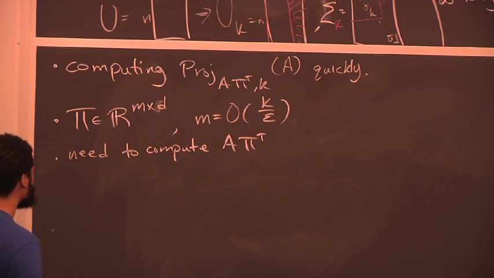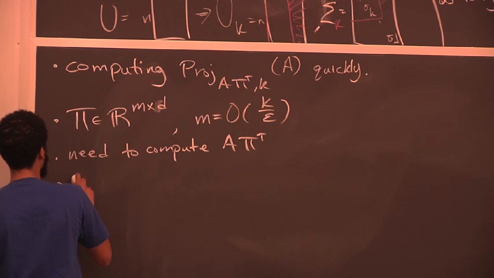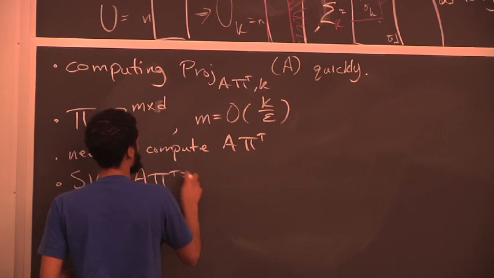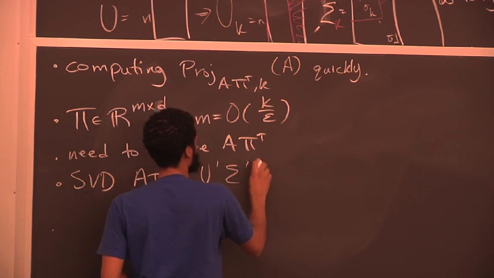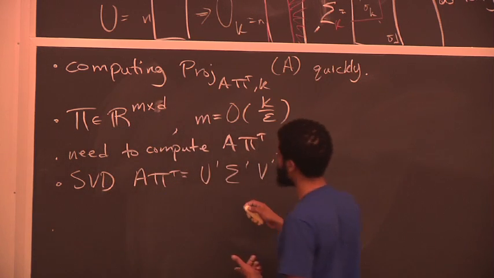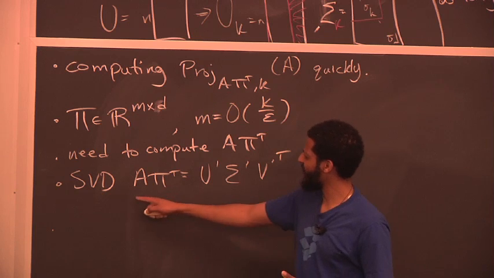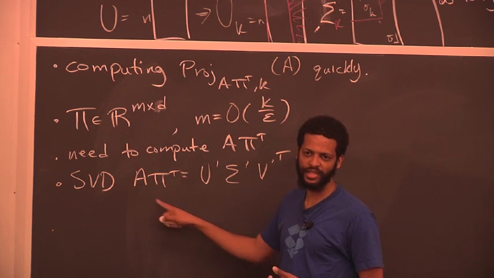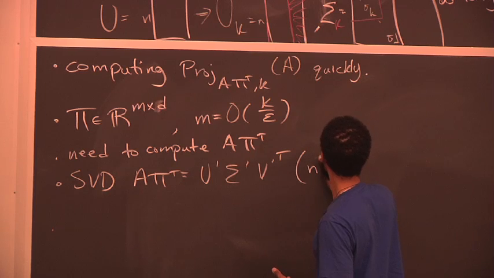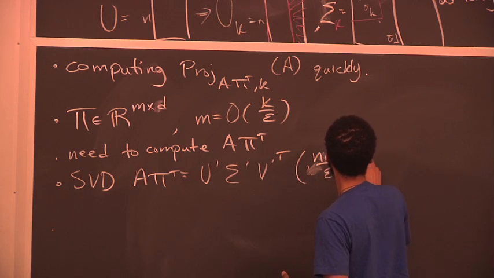So that's fast. And then we need to compute the SVD of A pi transpose, and let's call that U prime sigma prime V prime transpose. How much time is that? Well, A pi transpose is an n by m matrix. So it's n m squared. So this is n k squared over epsilon squared time.